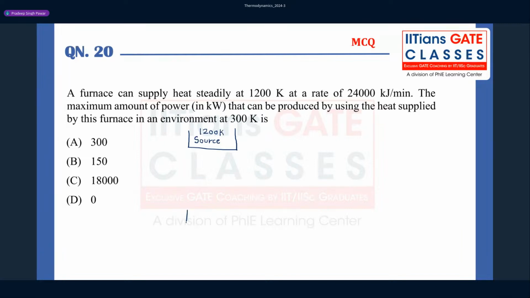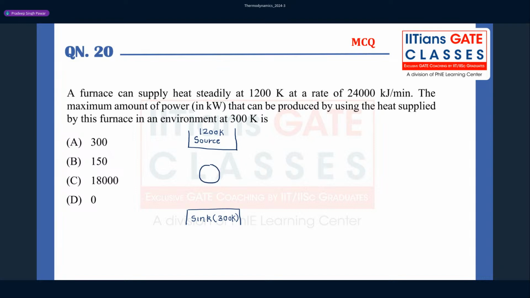And then we have sink, which is our environment, which is maintained at 300 Kelvin. The question what is asked is what is the maximum amount of power that can be obtained. So maximum power that can be obtained from a source of 1200 Kelvin is by running a reversible heat engine between the source and sink.